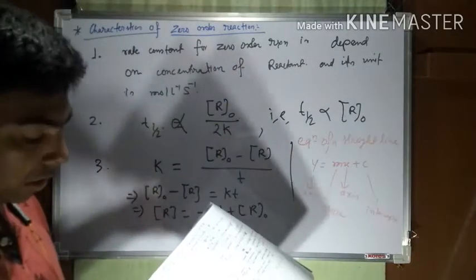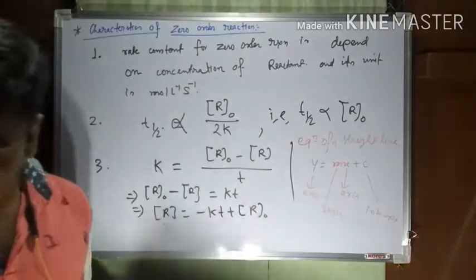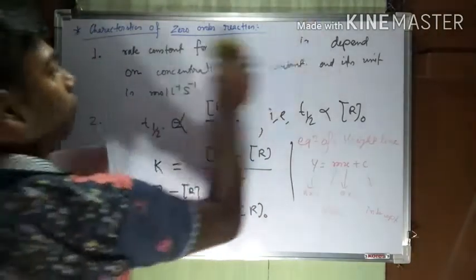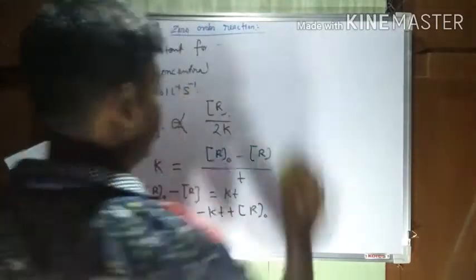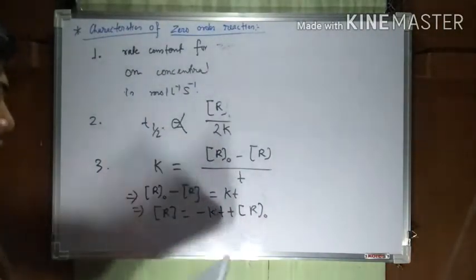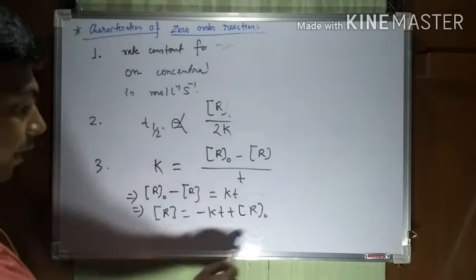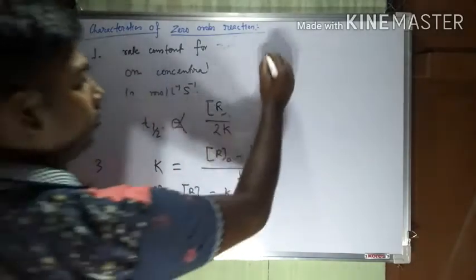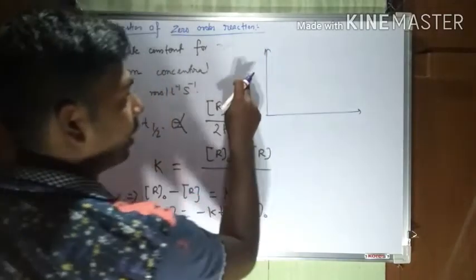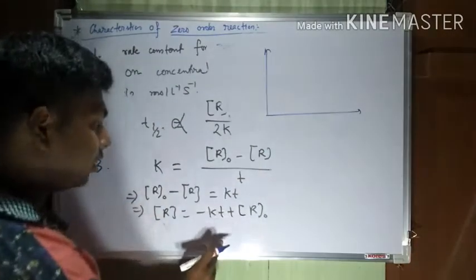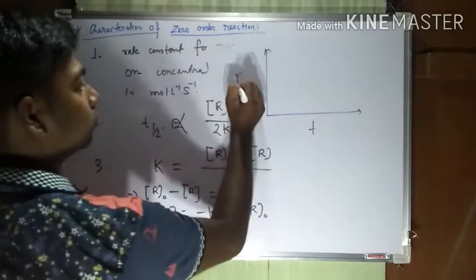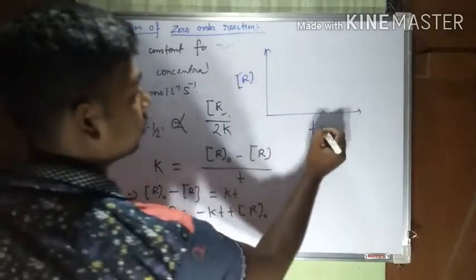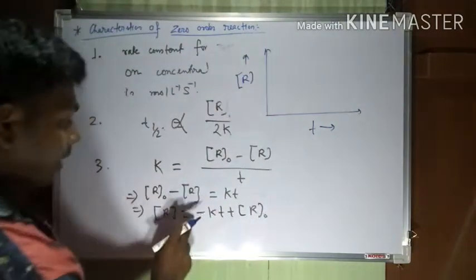Now, see the straight line. The straight line is y equal to mx plus c. This is the y-axis, this is the x-axis, and x is t, that's why here is t. The y-axis means concentration of R. It becomes minus k, so the slope is negative.